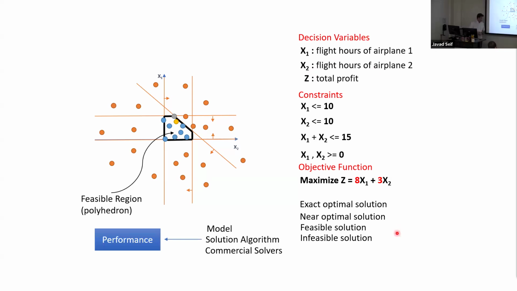So these solution algorithms that we have search through this space to find that best point, if it exists. Just like any product, they are different in terms of performance. What is the criterion for deciding which algorithm performs better?